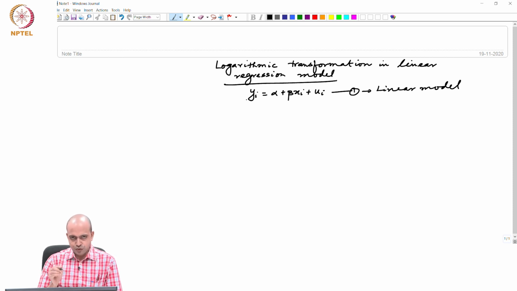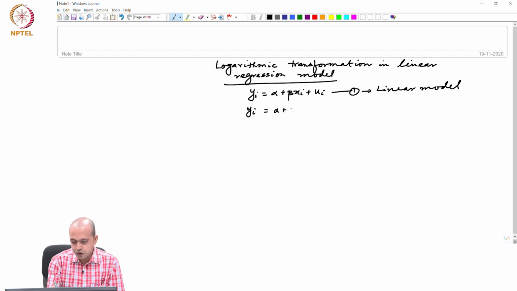This is model number 1, where both y and x are unlogged, that means they are not log transformed. This is called linear model. The second model: yi equals alpha plus beta log of xi plus ui.